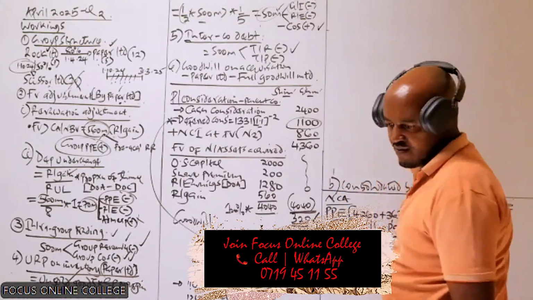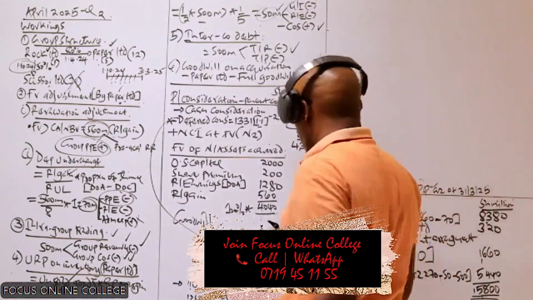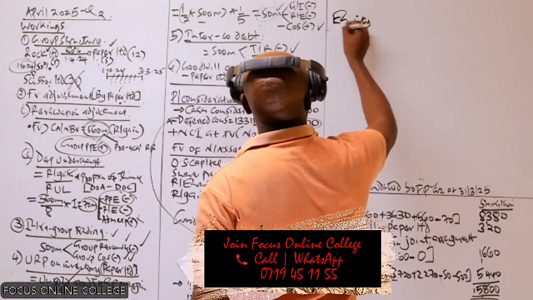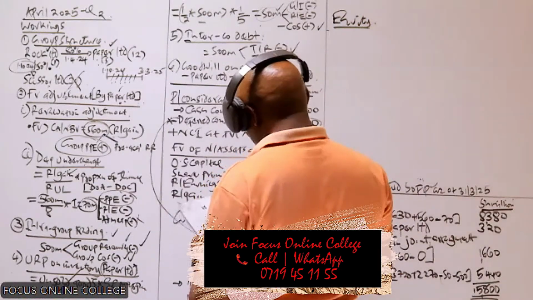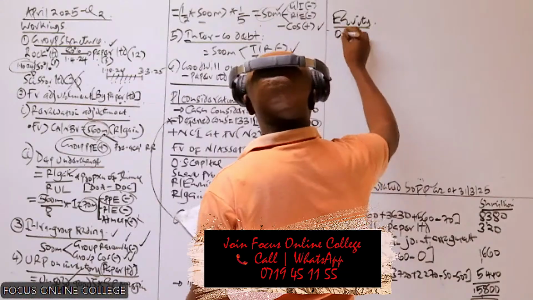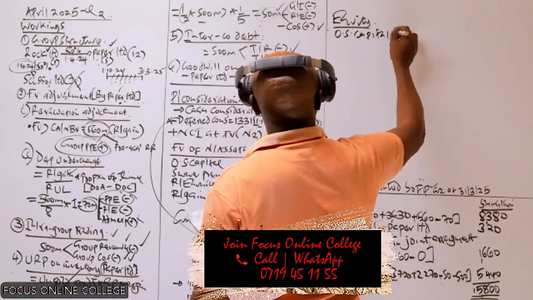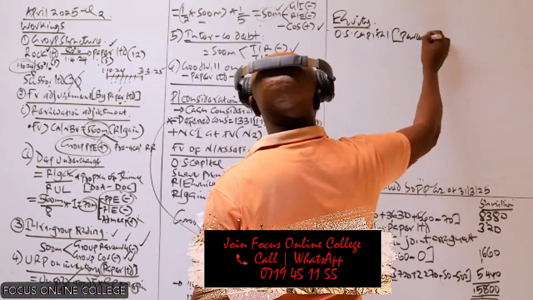Yes. So then from this, we need to move, and basically we record equity. For the equity, we will start with the ordinary share capital. I hope you can recall that we don't consolidate this.